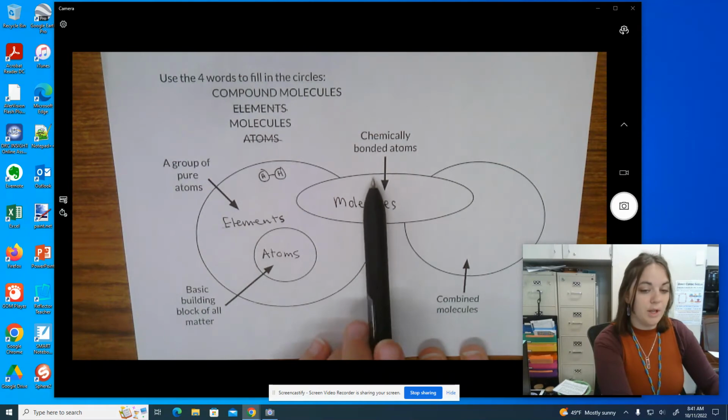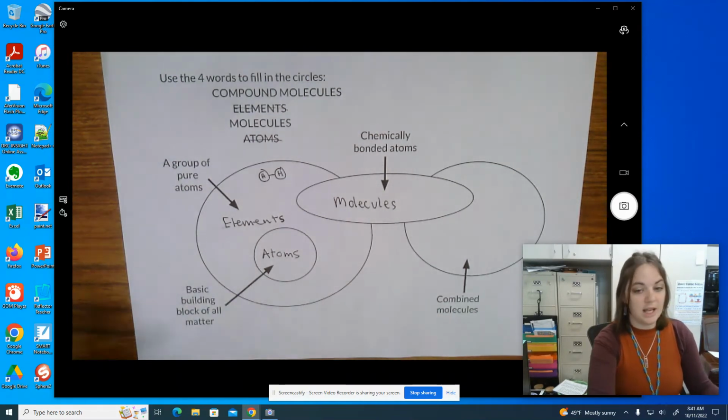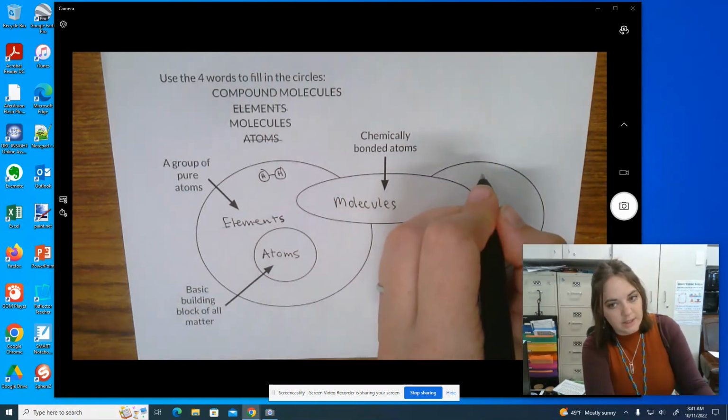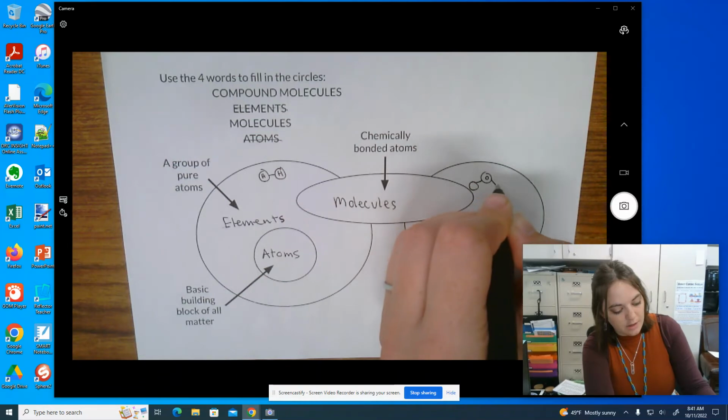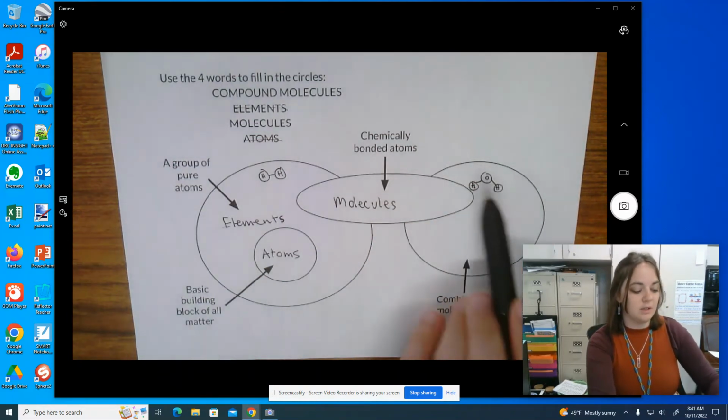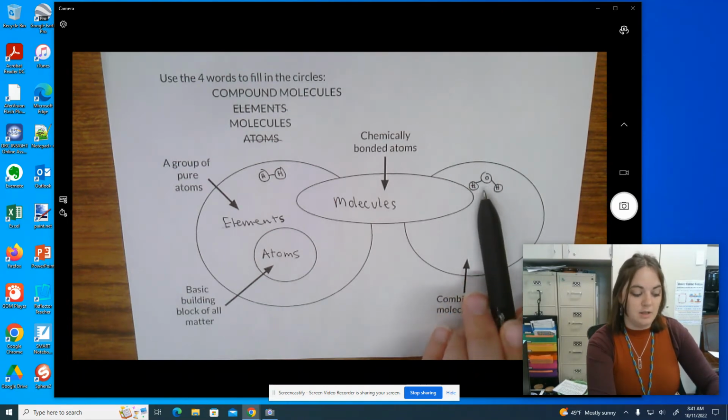Now, not all molecules are elements, because sometimes we can have a molecule that looks like this. I just had you draw it above. Sometimes we have molecules that look like this that are not made of the same element. So there's hydrogen and oxygen, 2 different ones.